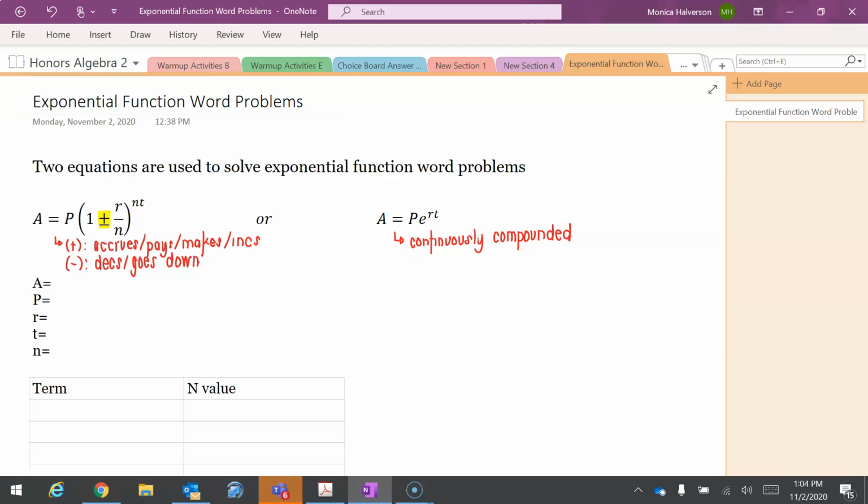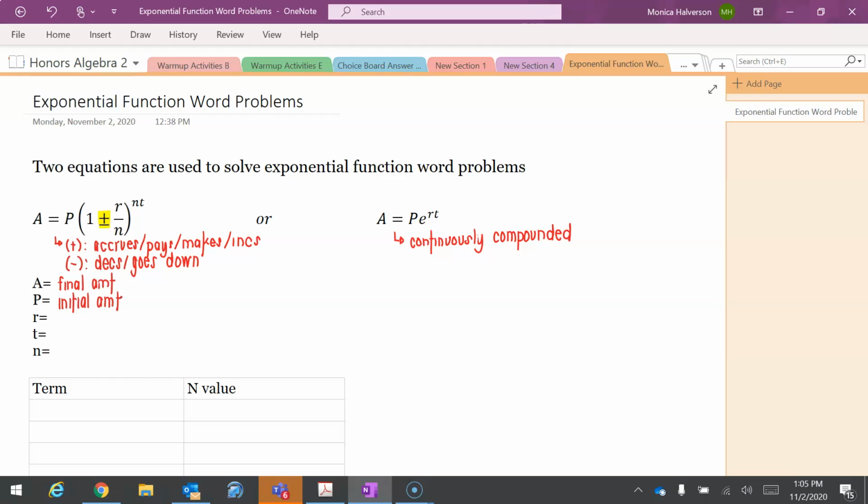Then you're going to have to identify what each of these unknowns stands for in the word problem. A stands for the final amount, and that's found in both equations. P stands for the initial amount. So how much money do you start with in an account, or how much money do you have on your credit card bill, or what is the original population?